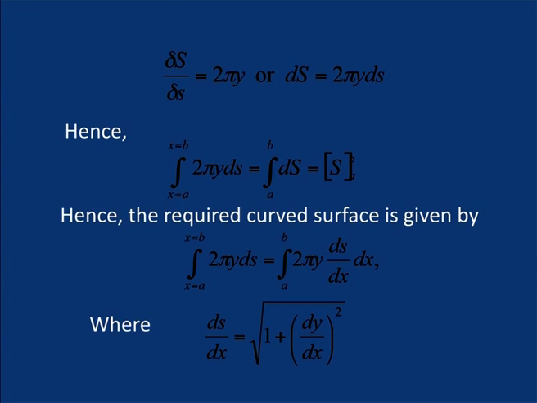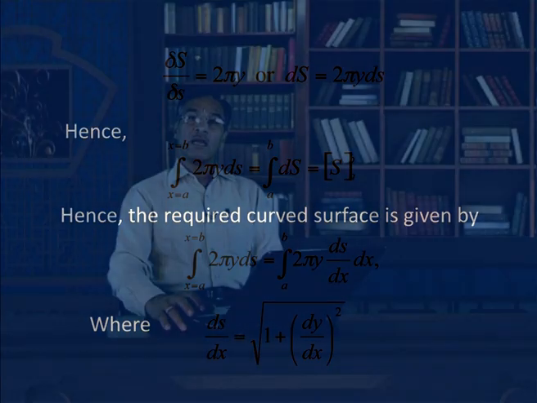Hence, the required curved surface is given by integral x is equal to a to b 2 pi y ds, where ds is given by under root 1 plus (dy by dx) whole square dx. Here ds is the arc length of the curve from a to b.